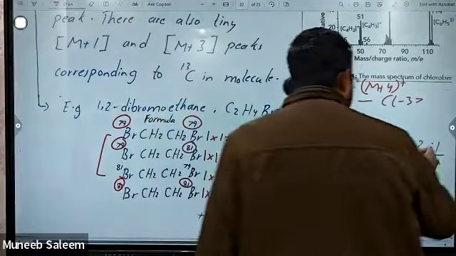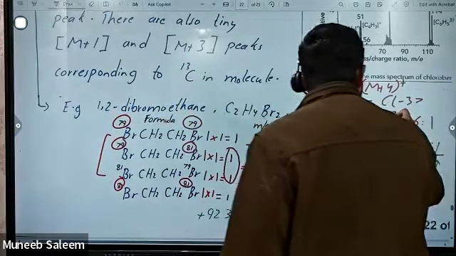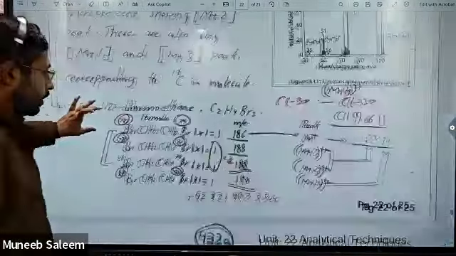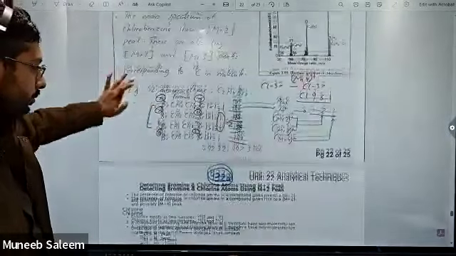That's the ratio when we have two bromine atoms in a compound. If we compare with chlorine, we had 9:6:1 in case of a molecule containing two chlorine atoms. That's what you will see in this graph as well.